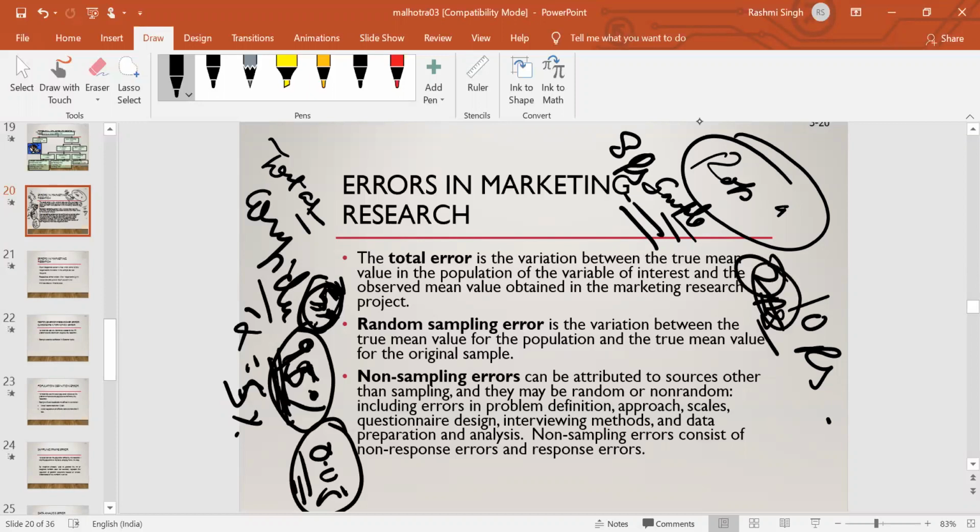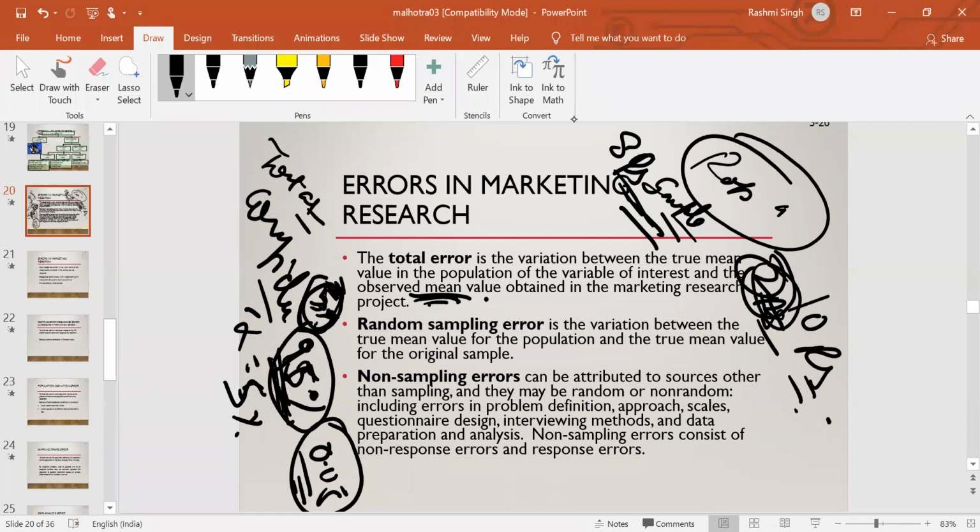So that is because of error. This observed mean value is basically what comes from your sample. So that is the error.